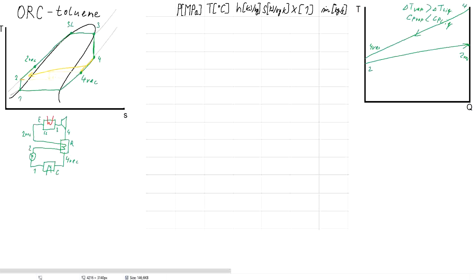So now let's put our notes in the table where we will have the points 1, 2, 2 recuperated, saturated liquid, 3, 4, and 4 recuperated.